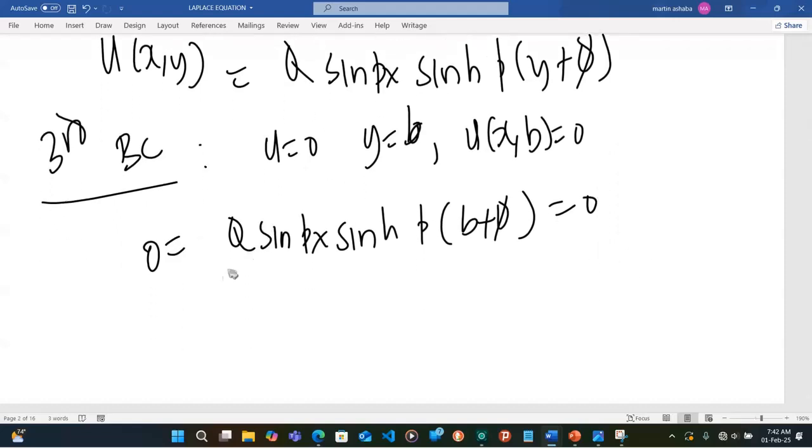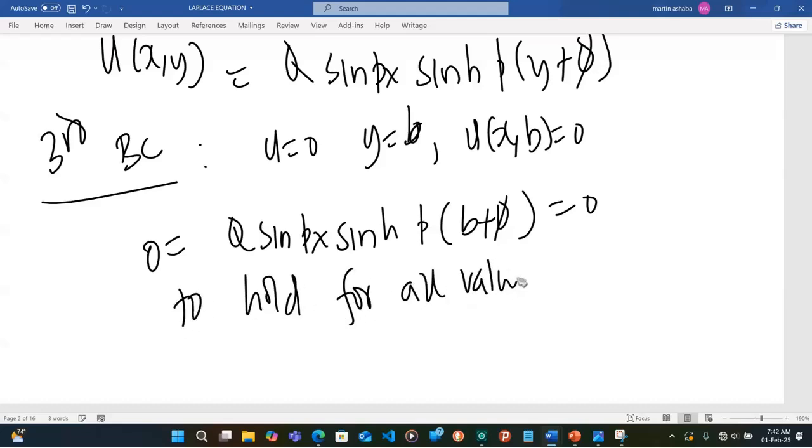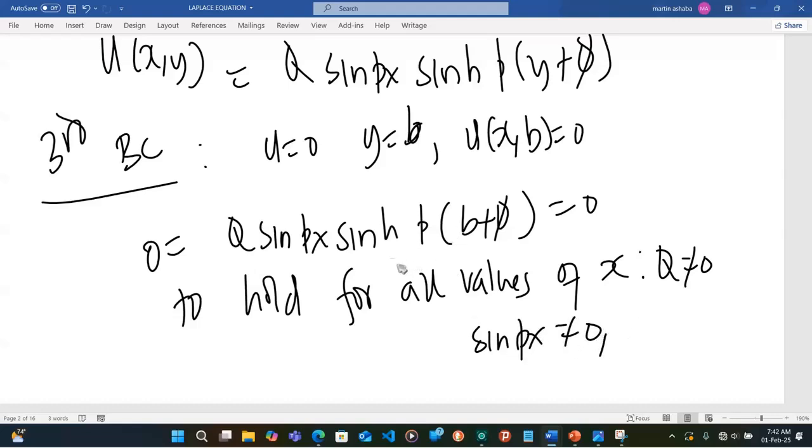So if this is to be true, to hold for all values of x, then Q cannot equal 0, sin px cannot equal 0, but it leaves us with an option of saying the hyperbolic sine p(b + phi) is equal to 0.